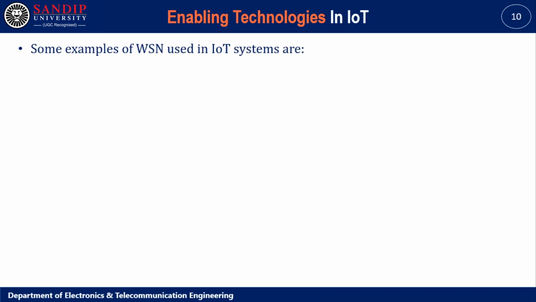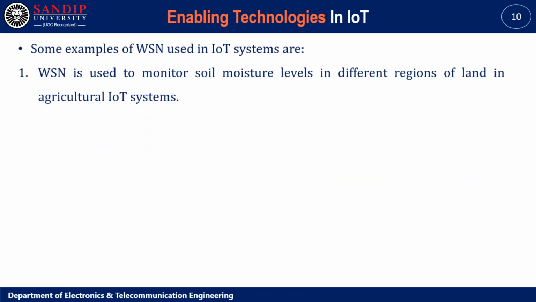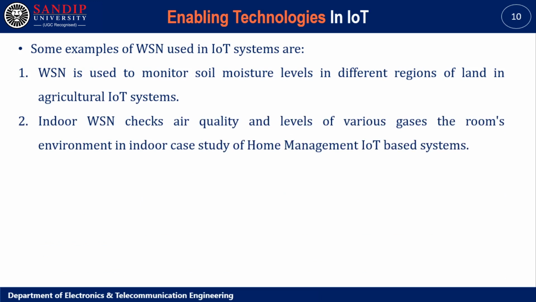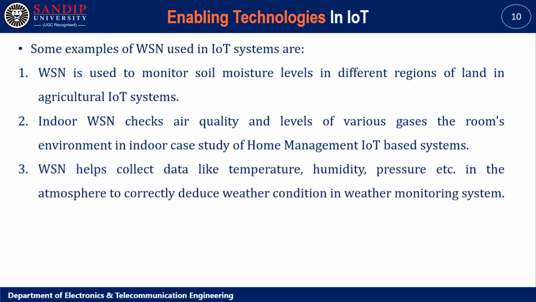Some examples of WSN used in IoT systems are: WSN is used to monitor soil moisture level in different regions of land in agriculture IoT systems. Indoor WSN checks air quality and level of various gases in the room's environment in the indoor case study of home management IoT-based systems.